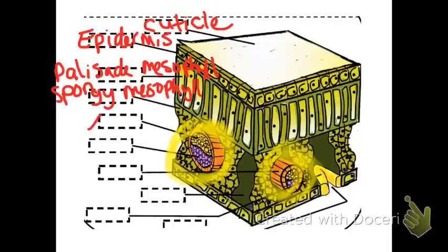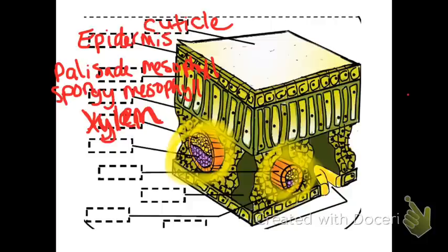So we'll label our xylem first, if it will show up on the screen. Okay, so we have our xylem, which is our first type of vascular tissue.